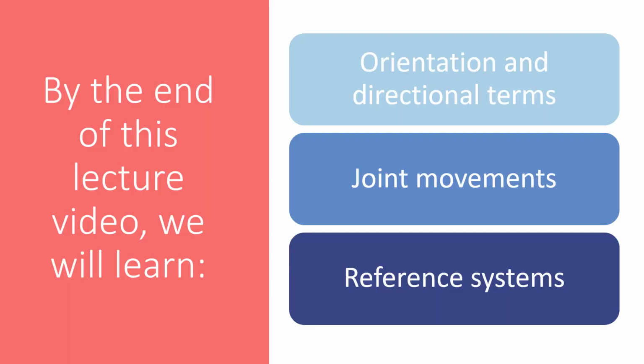So by the end of this lecture video, we will learn about these orientation and directional terms that are used as a convention to describe motion, and then we'll talk about joint movements and end with reference systems.